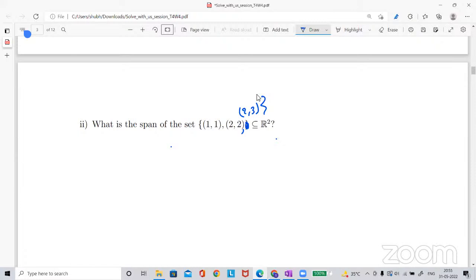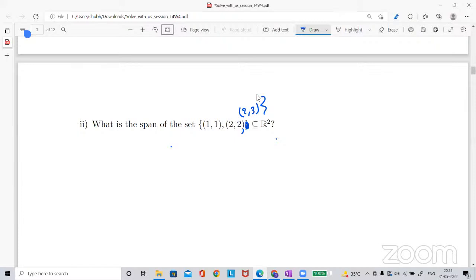Sir, can we say that 2, 3 is a superset of the basis? 2, 3 is not a linear combination of 1, 1, so it's linearly independent, and it's in R2. So the span of this is R2, sir.